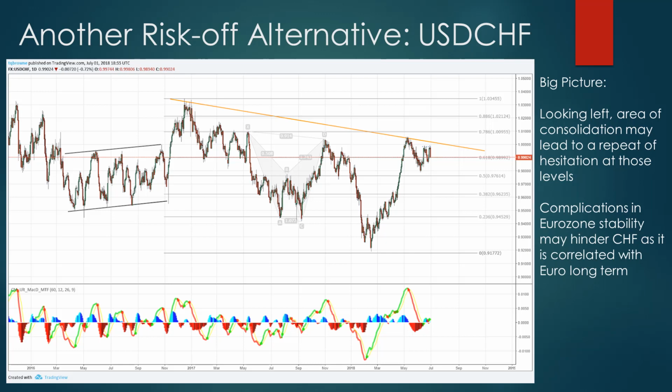I am not committed on one side or the other with the euro, because of the Italian situation, the situation with Angela Merkel and her upcoming election in October, the overall political situation in Germany, the cohesiveness of the EU with the member countries, and moving forward, Brexit.